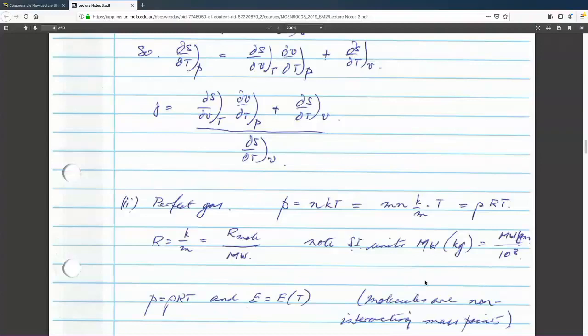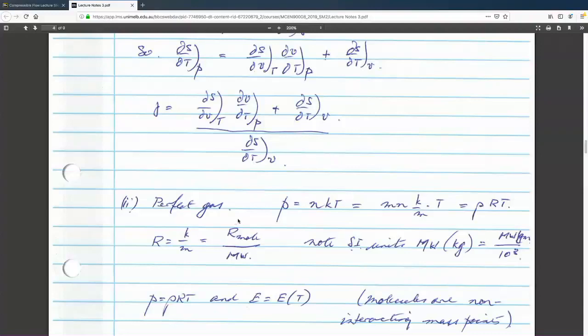And k over m is the gas constant R. And n is the number of particles per unit volume, multiplied by the mass of each particle. It must be the mass per unit volume, and that's the density by definition. So there's rho.